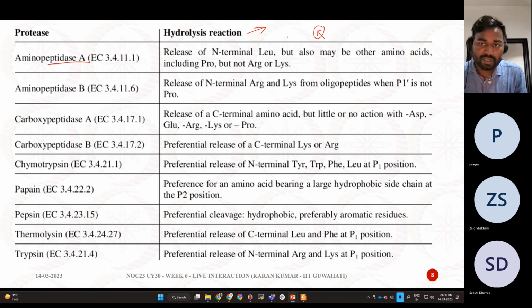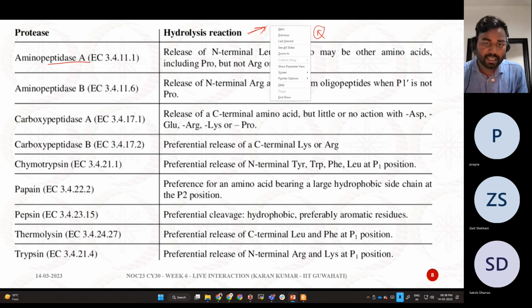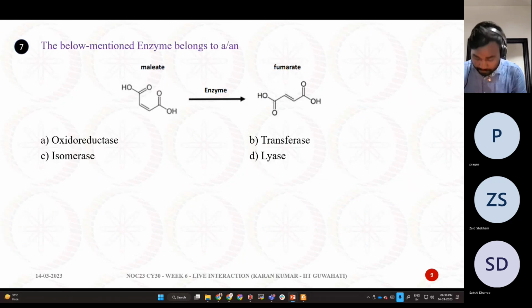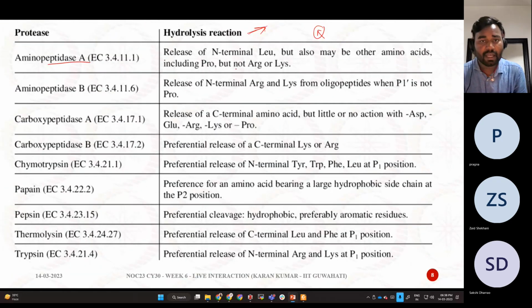Because of the role of water in the catalytic site, protein cleavage, peptide cleavage, is also called a hydrolysis reaction.